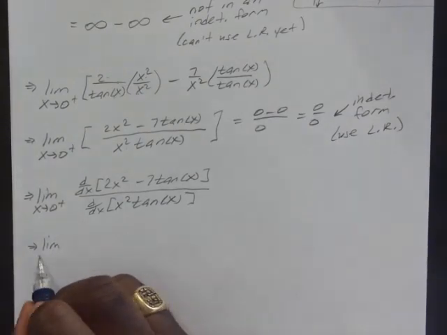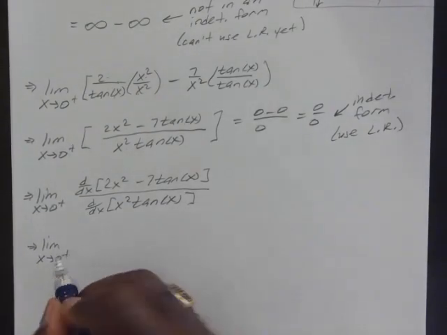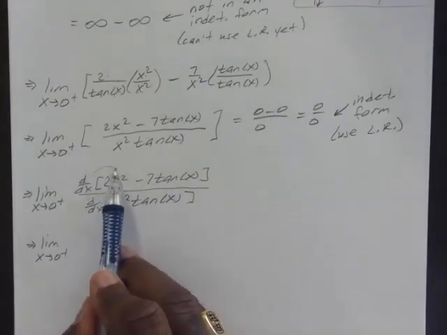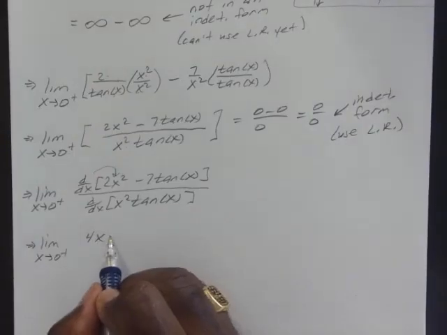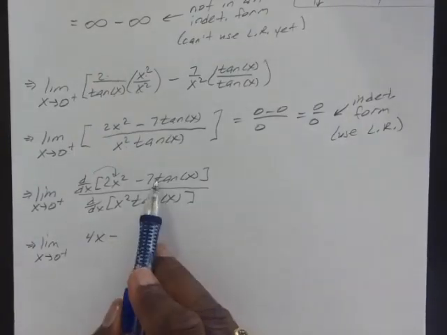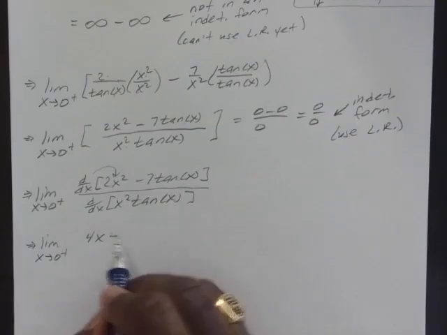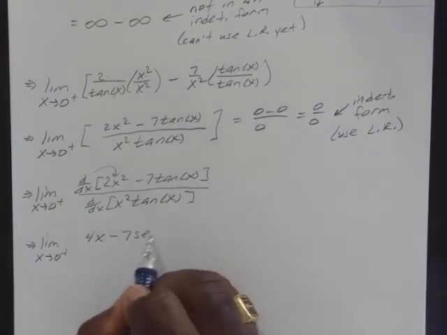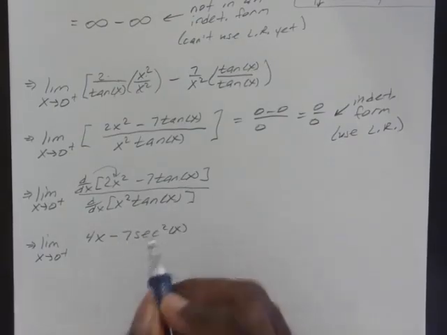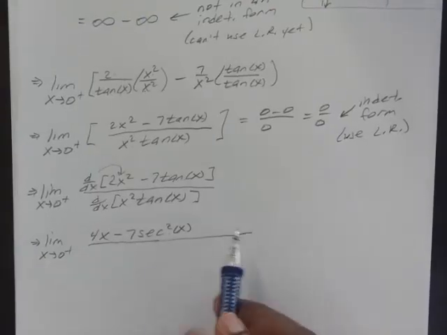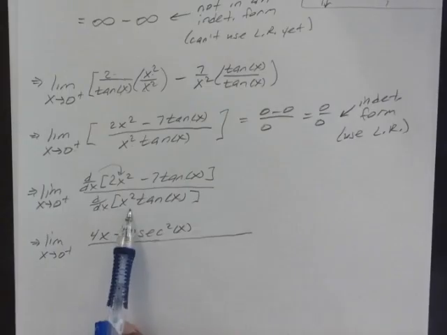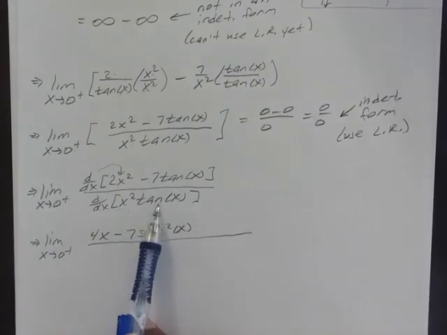Okay, so we have the limit as x approaches 0 from the right of the derivative of 2x squared, which is 4x, minus 7 times the derivative of tangent of x, which is 7 times secant squared of x, divided by the derivative of x squared times tangent of x.